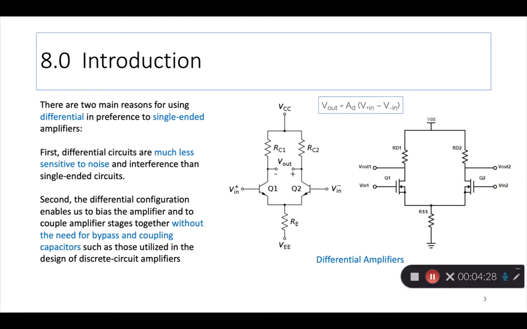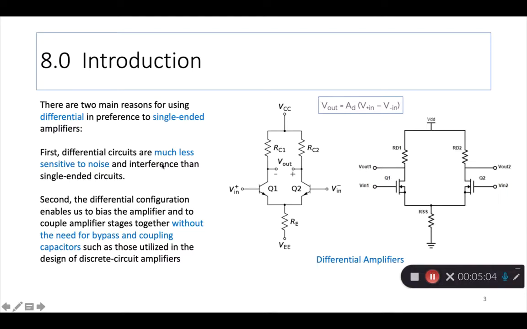The output of the first stage goes as the input of the second amplifier, but in between you need a capacitor. And we know these capacitors are difficult to make on ICs. So is there a way to eliminate those capacitors? The answer is, if you use differential circuits, then you don't need the bypass and coupling capacitors. So these are the two big benefits.